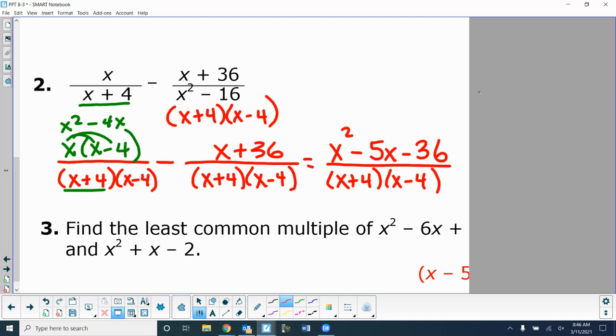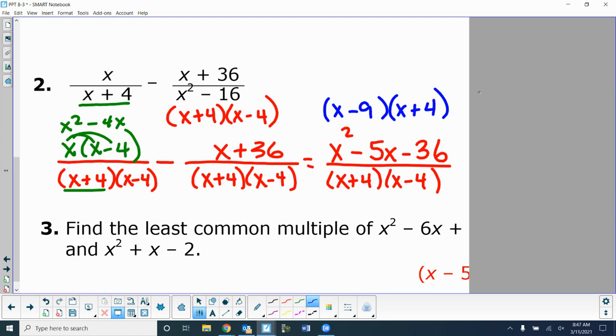Can I factor that numerator? What are the factors of negative 36 that add up to negative 5? Good. Negative 9 and positive 4.